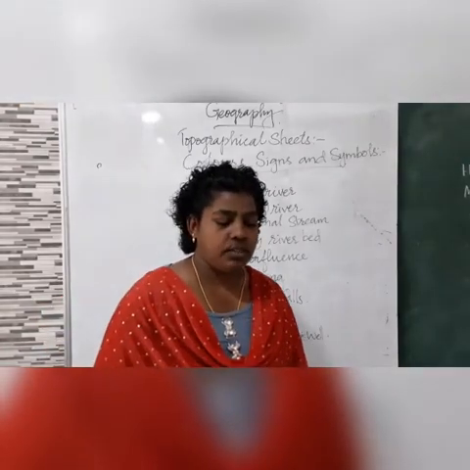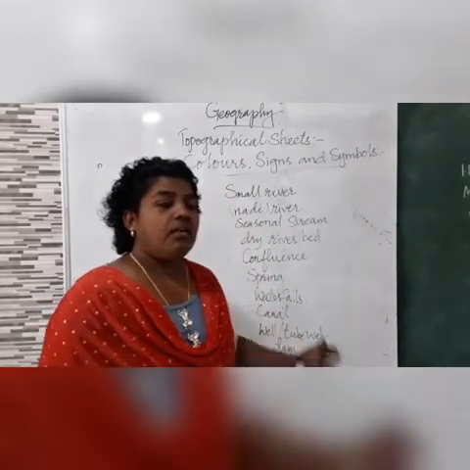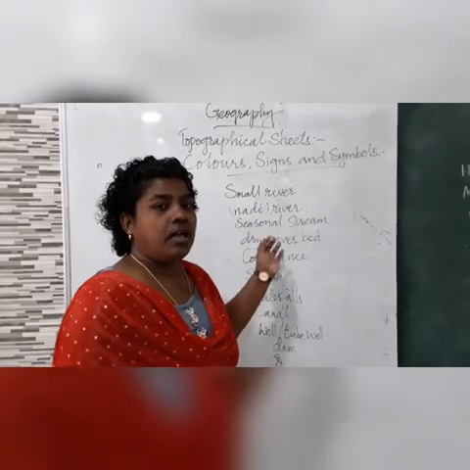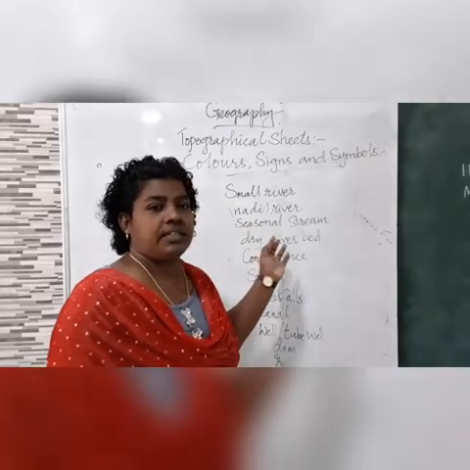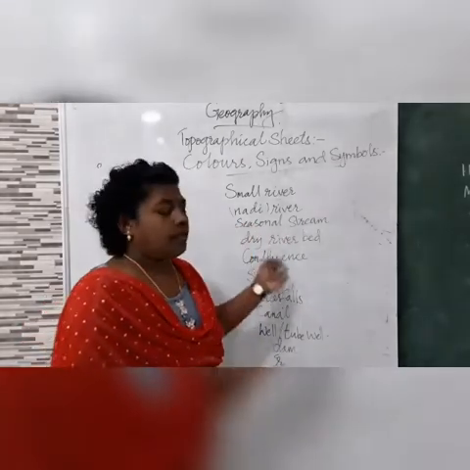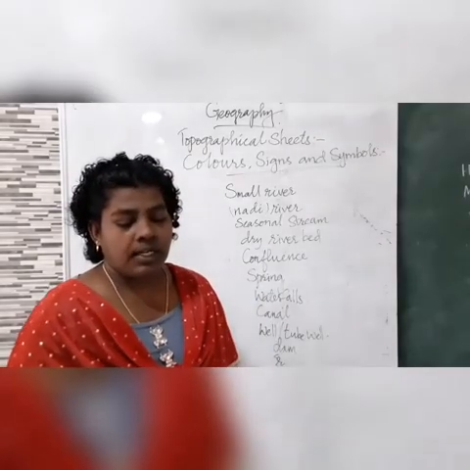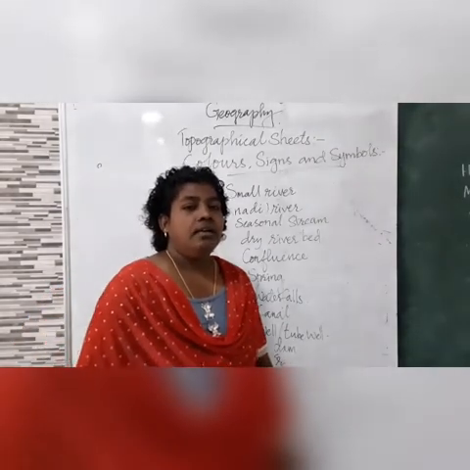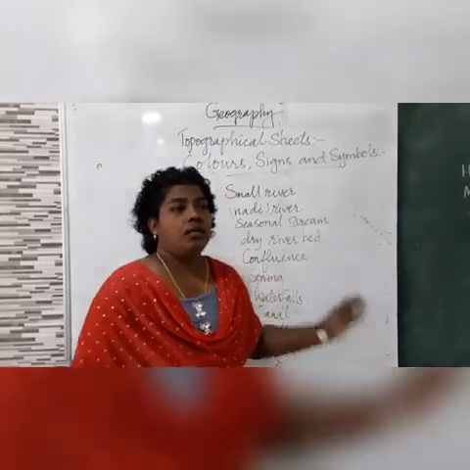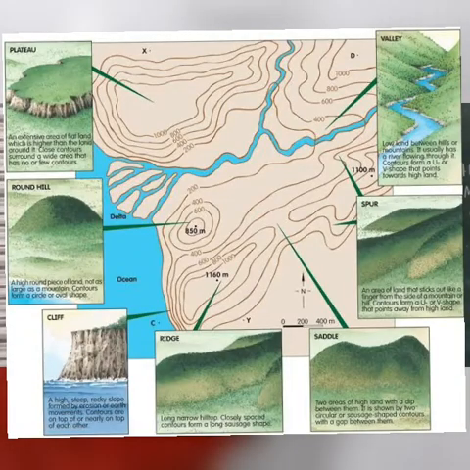Black color denotes abbreviation of names and it also denotes different objects. The blue color denotes perennial rivers and the area where water is available throughout the year; that can be denoted with the blue color on the topo sheet.